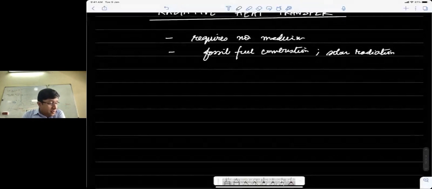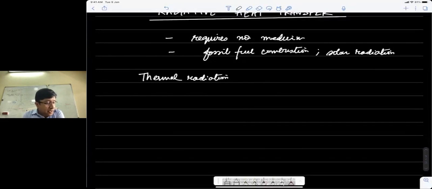course. Now, we'll specifically deal with thermal radiation. There are radiations of different types, but we'll talk about thermal radiation. And thermal radiation is basically associated with the energy which is emitted as a result of a body's finite temperature.